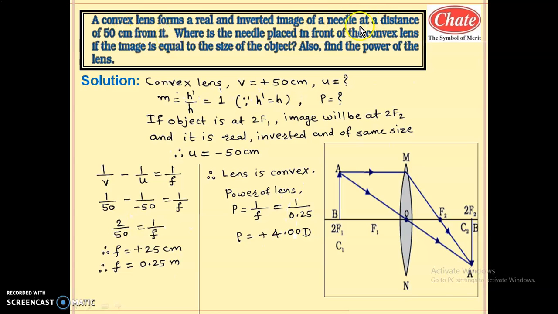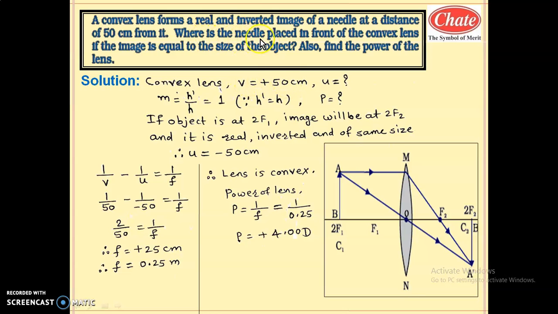Convex lens has a positive focal length, and it forms a real and inverted image. A real and inverted image means it is on the right-hand side, so here V is positive, and U is always negative. Here the image is at 50 centimeter from it. So V is plus 50.